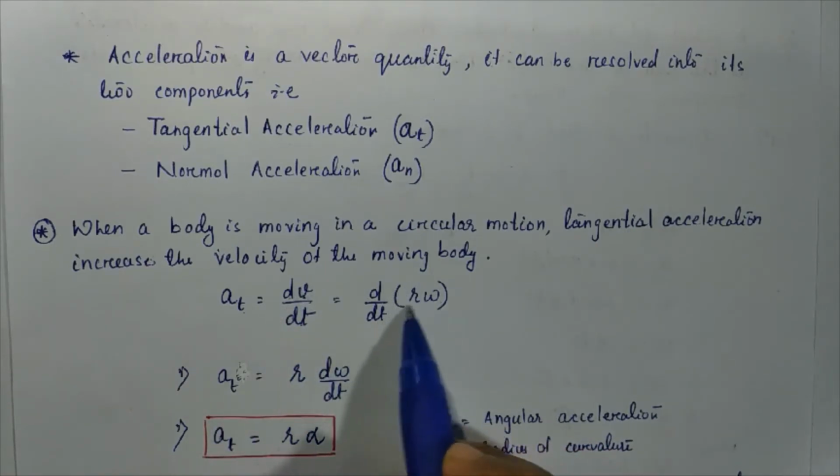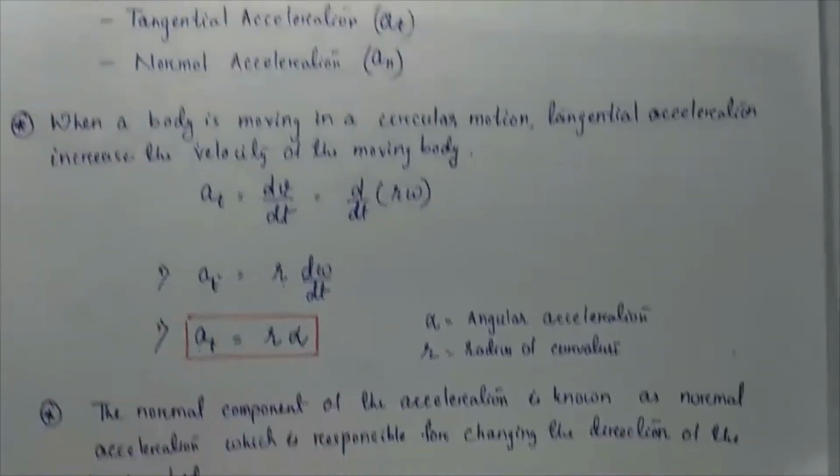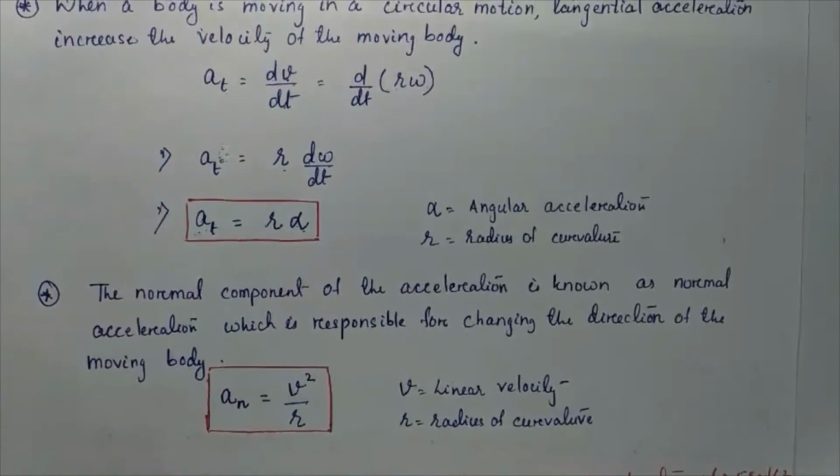The radius r of the curved path is constant, and this becomes d omega by dt, which is expressed as alpha, the angular acceleration. So the relation between tangential acceleration and angular acceleration is at equal to r into alpha, where at is the tangential acceleration.